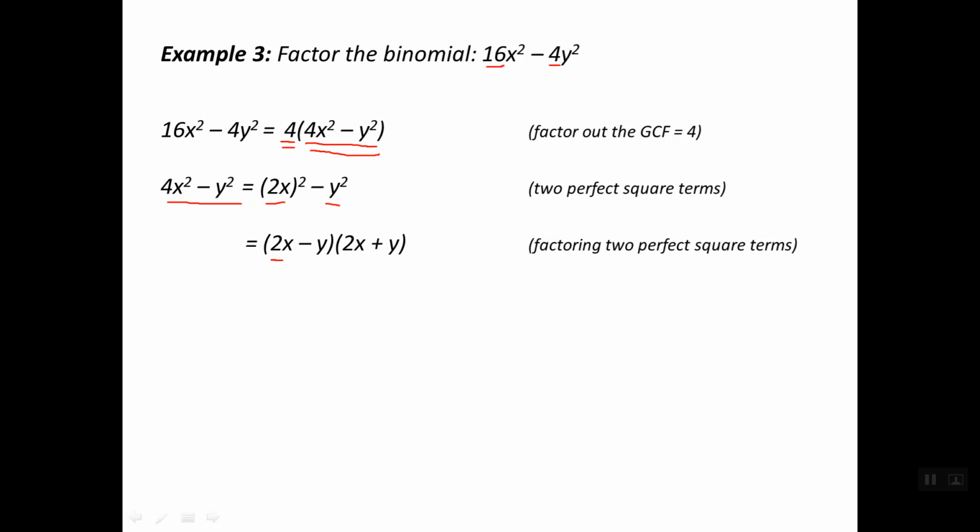This is the first term minus the second term multiplied by the first term plus the second term. Don't miss the 4, which is the GCF. So the original binomial will be this 4, and this is the factorization of the two squared terms.